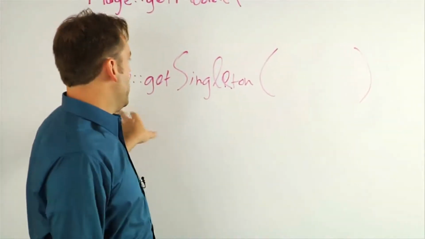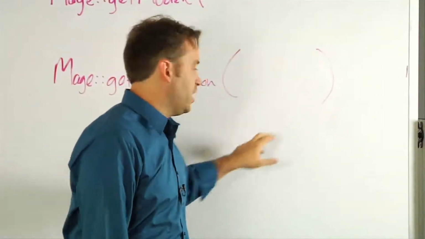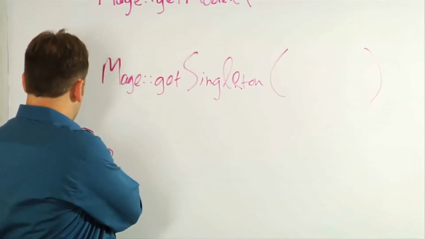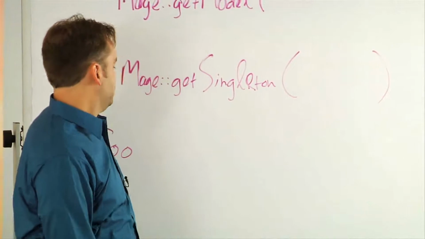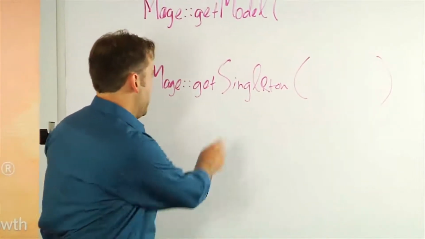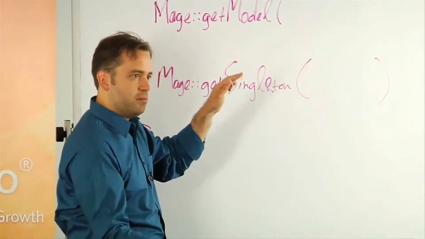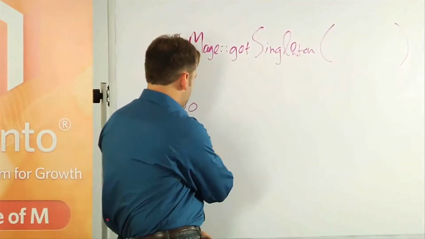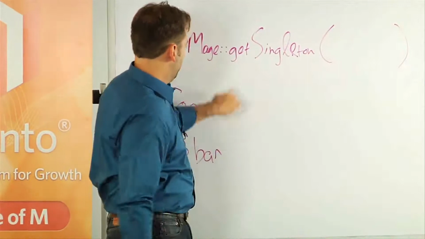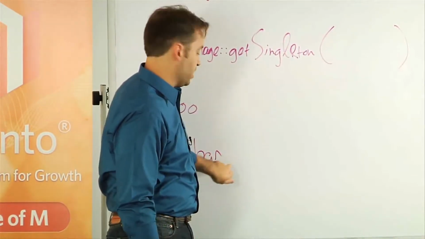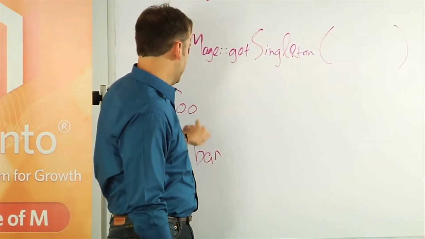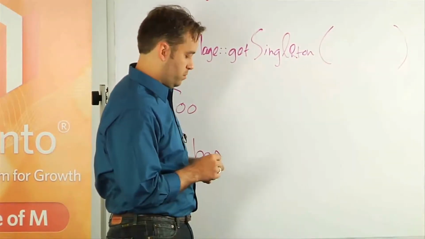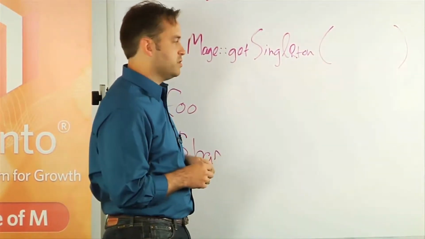So if I say Mage get singleton catalog product, and I assign that to some variable foo, and then later on I say Mage get singleton catalog product in the same request scope or execution scope, and assign that to bar. Anything I do here, basically these two will always be equal because they're just references.